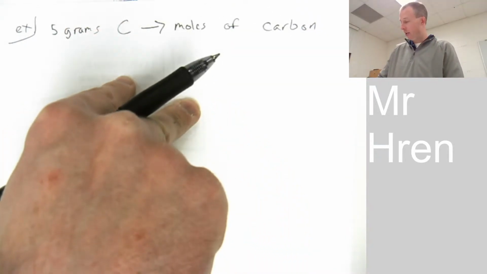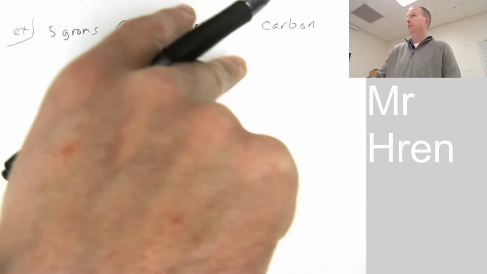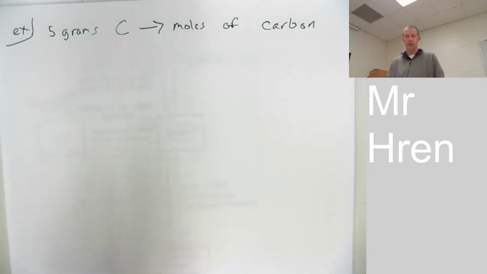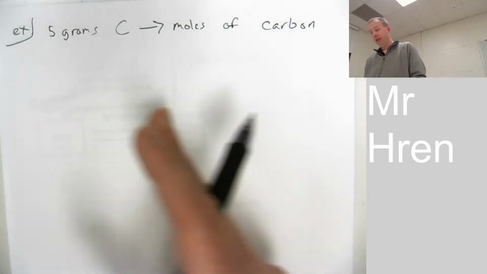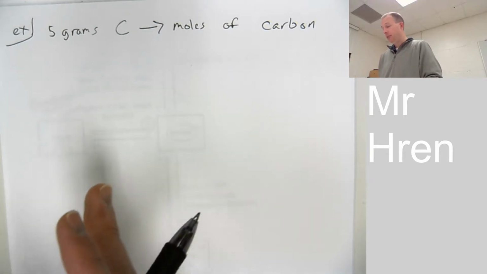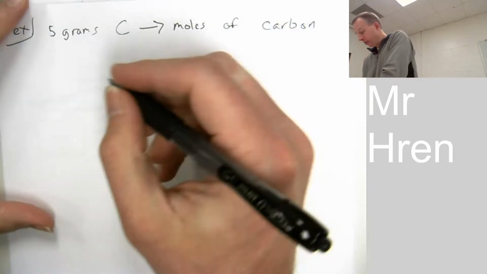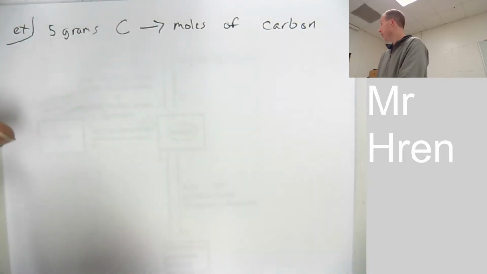You need to do it this way, or else you are going to fail. Honestly, you're not going to be able to handle the stuff we do later that requires these conversions to be done a certain way. All right. The math is simple. It's not about the simple math. It's about writing it out properly and showing the work properly so that later when we get down to harder stuff you can do it without issue. Okay, that's why I'm going to be not very nice about grading stuff.